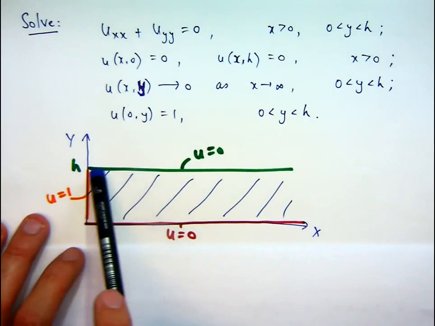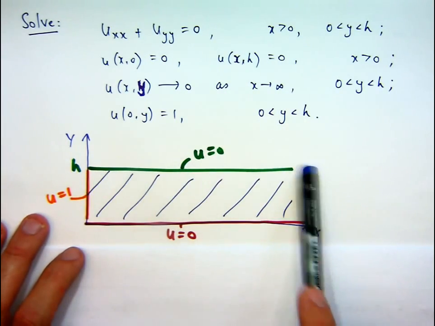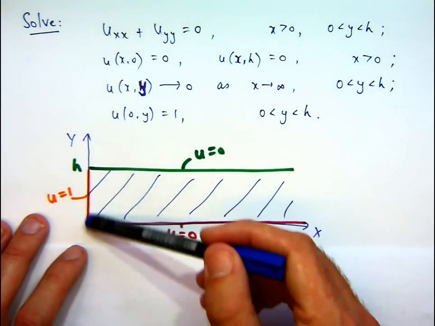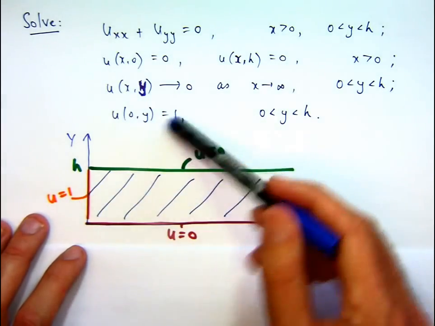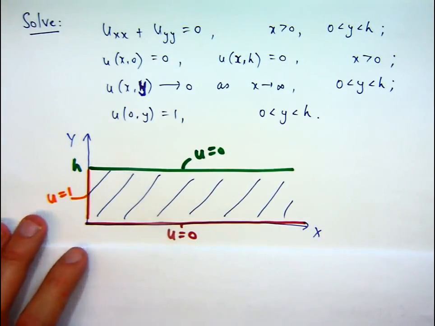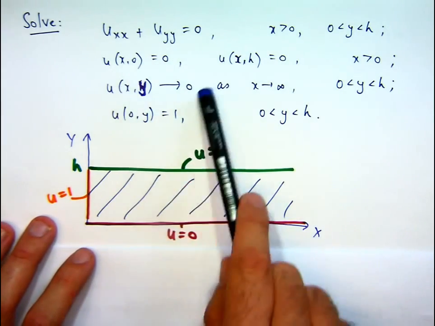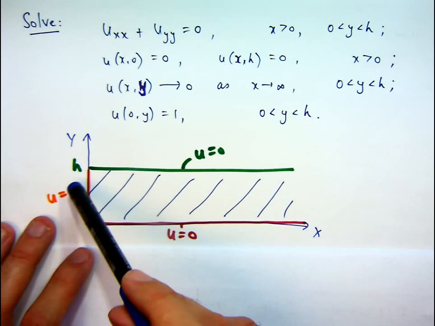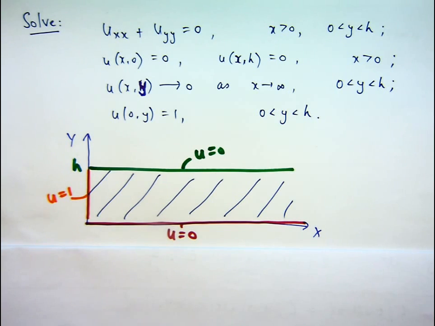This one means along this edge of the bar, the temperature's always 0. Down here, this edge, the temperature is identically equal to 1. And here we have a limiting condition. It means that as we move to the right for any y, the temperature must go to 0.